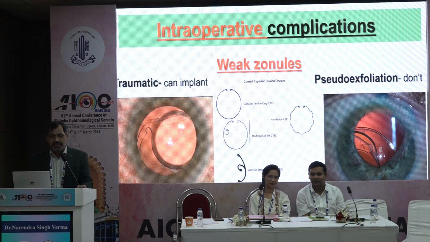In these cases, if the zonular dialysis is in 1 or 2 clock hours, you can put a CTR ring, very easy to put, but avoid putting the CTR ring if the case is pseudoexfoliation, because in future there may be displacement of the lens-bag complex and use of a CT segment. If you have enough confidence and a posterior segment retinal surgeon backup is there, then you can go for the CTR ring or something.